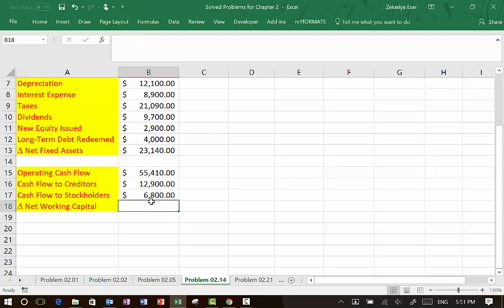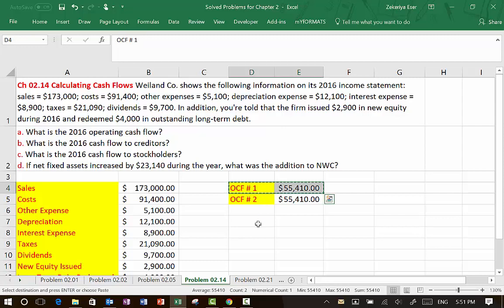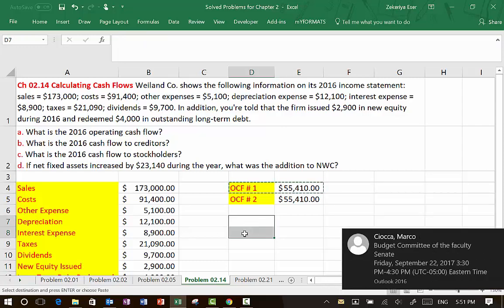Now, in order to calculate the net working capital, we need to be a little bit creative. If you remember, there are two ways. Let me copy the format of these.